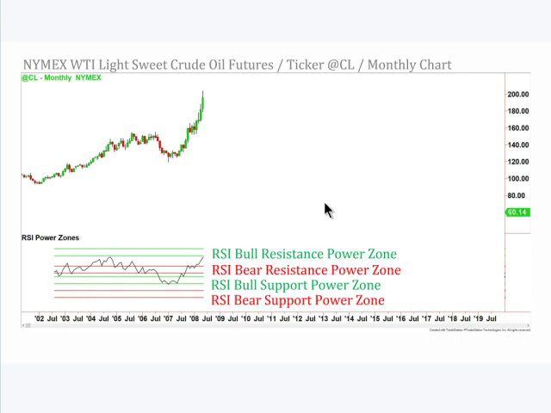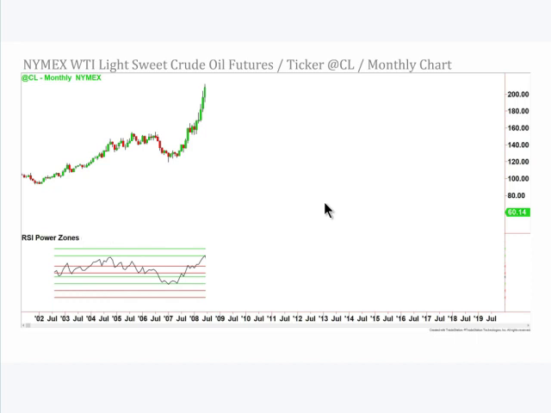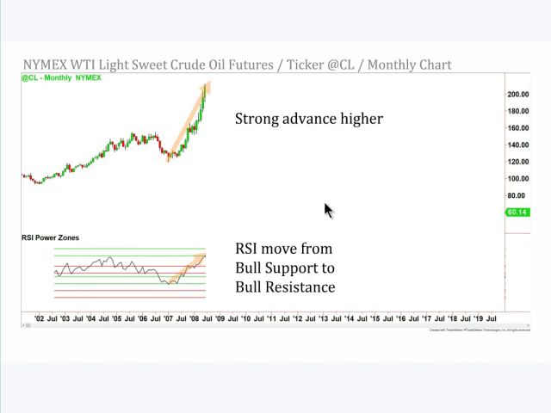Now let's look at price action on a monthly chart compared to these zones. So there was this run up in oil, huge fast run up, and you can see that the RSI power zones moved from the bull support power zone to the bull resistance power zone, green to green, when there was a strong uptrend. And there was a really nasty fall. Okay?